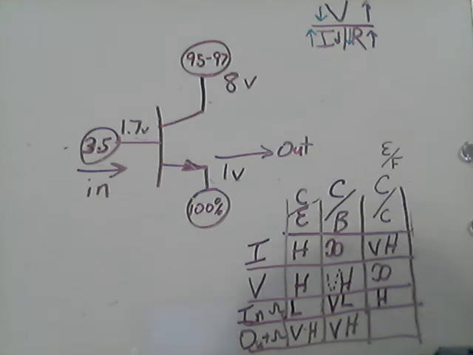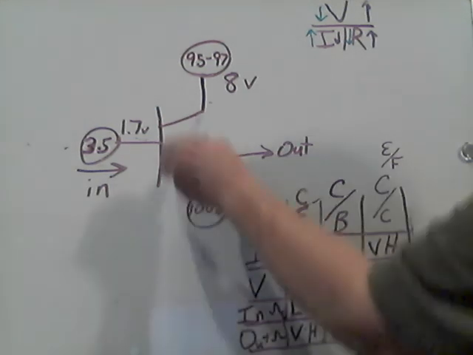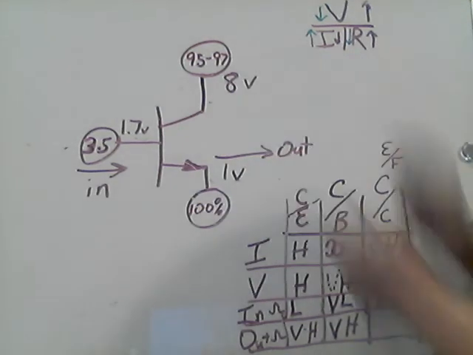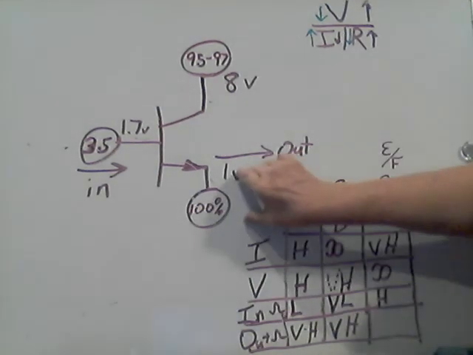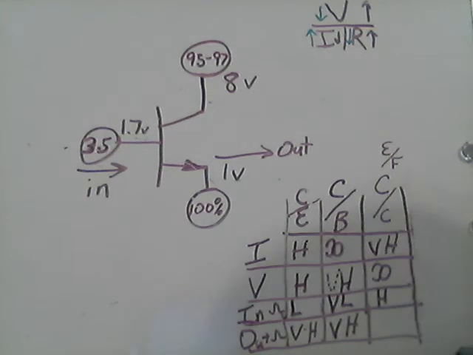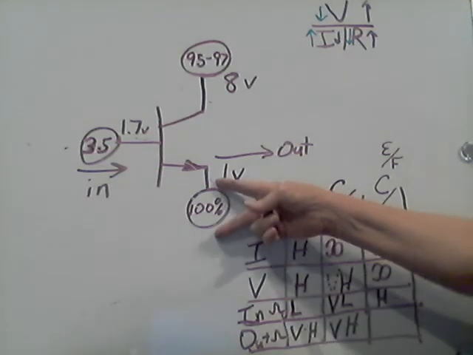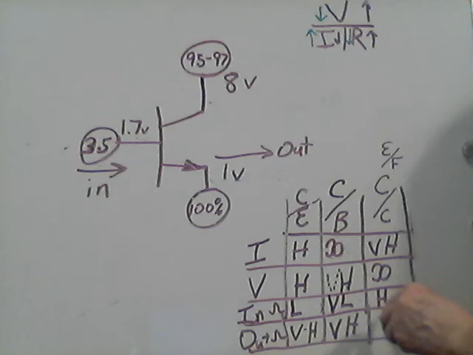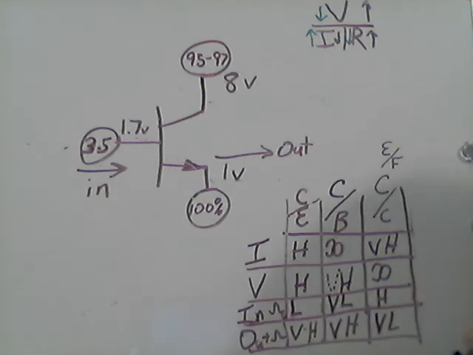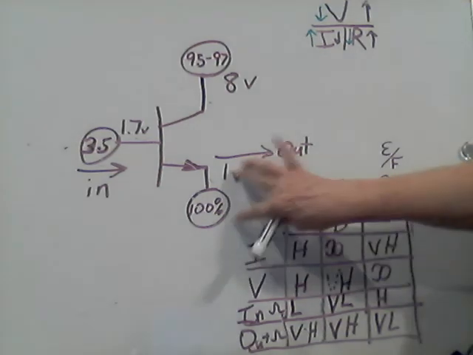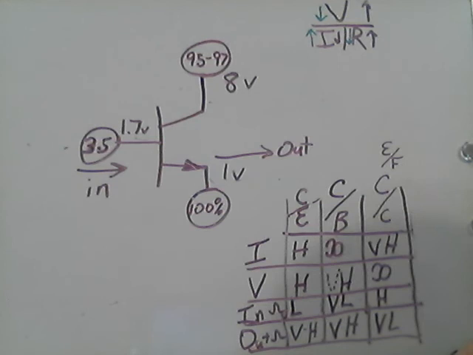The output resistance, though, is here. Basically, the output resistance is going to be whatever that transistor has, this resistance here. So that's going to be a very low output resistance because it's only across this one resistor that's there.